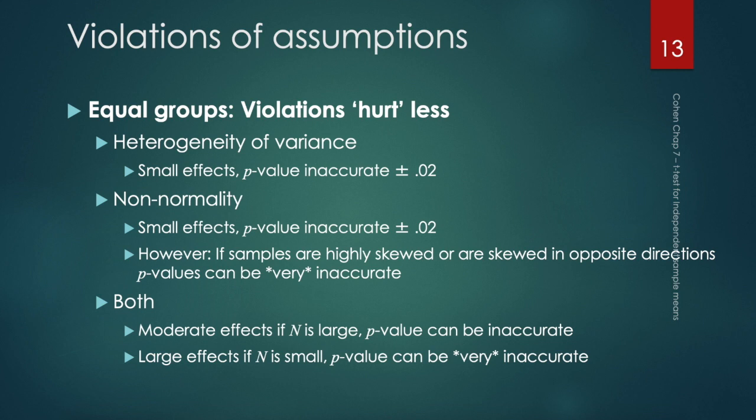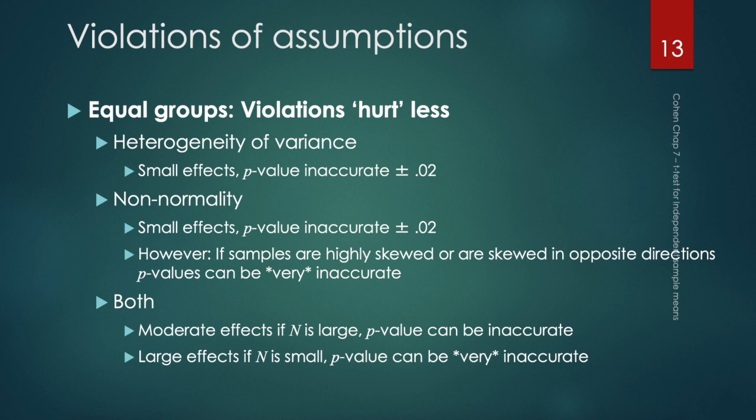So note, when violations of assumptions occur, when the groups are equal sizes, so your groups have the same number of people in them, one way to think about it is violations hurt less. With heterogeneity of variance, the p-value can be inaccurate a little bit.